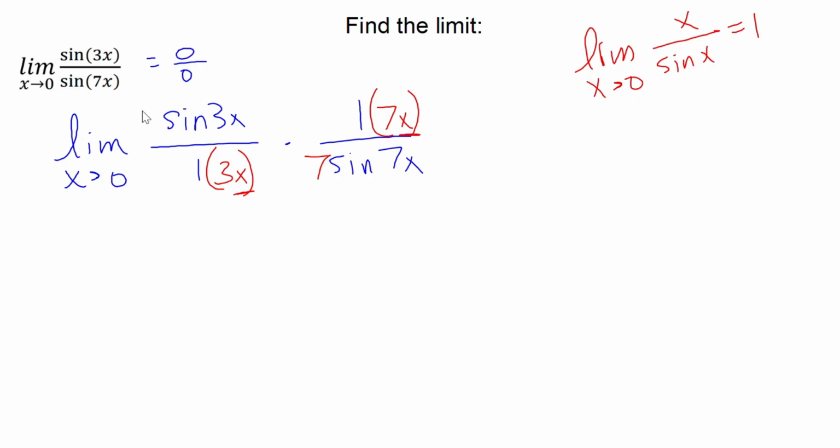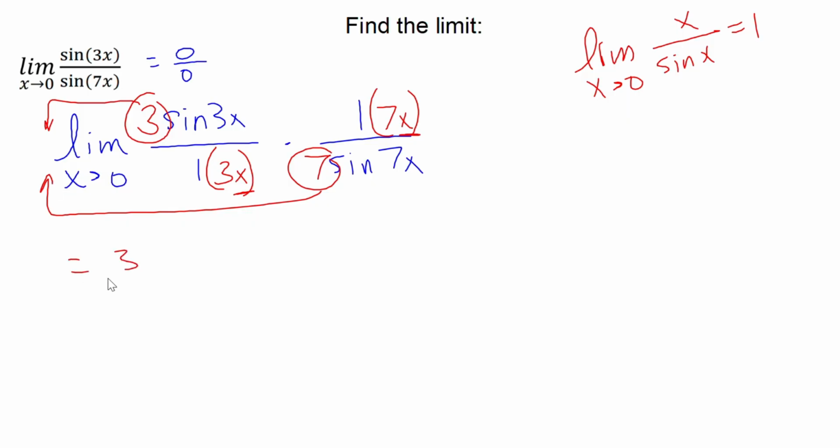We just need to put a 7 in the denominator and a 3 in the numerator, which conveniently can just both be thrown out into the front of this limit. So we'll just call this 3/7. And now I have a limit as x approaches 0 of sine 3x over 3x times 7x over sine 7x.